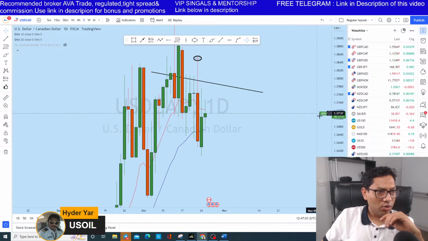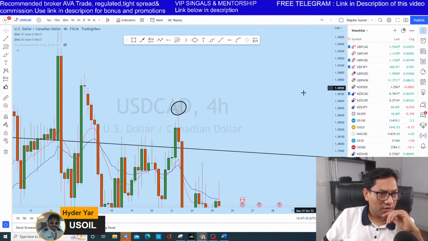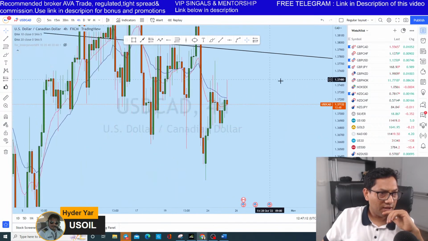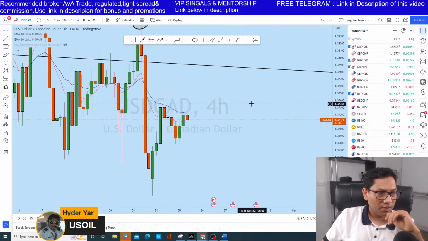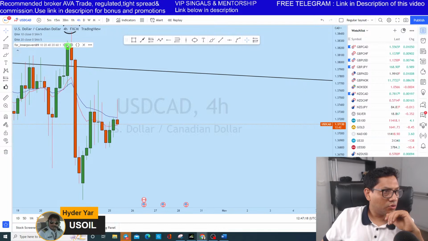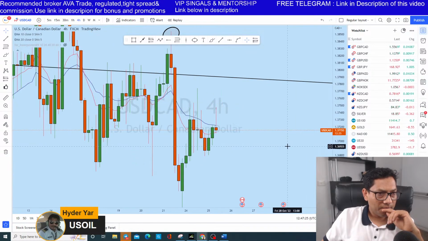USD CAD to me looks bearish. The dollar looks weaker, guys. USD CAD is creating bearish price action as expected. According to the trend following strategy, it's giving us a sell signal on USD CAD.